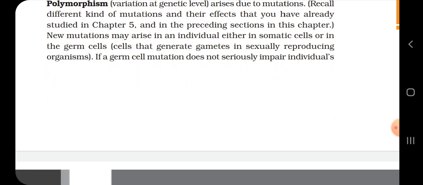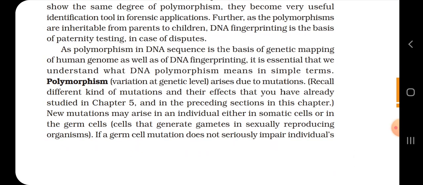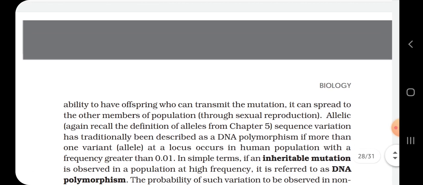Then the DNA is digested by restriction endonuclease, and the fragments are separated by gel electrophoresis. Then these fragments are transferred to synthetic membranes like nitrocellulose or nylon, and hybridization is done using the VNTR probe. Lastly, the hybridized DNA is detected by autoradiography.